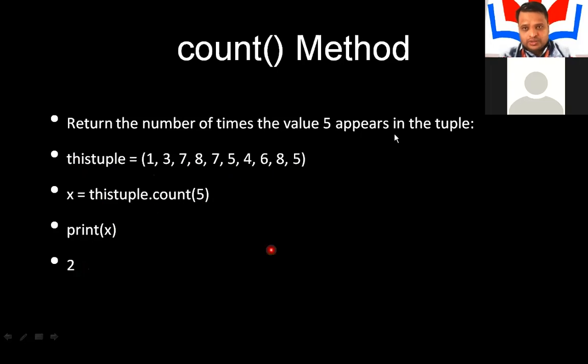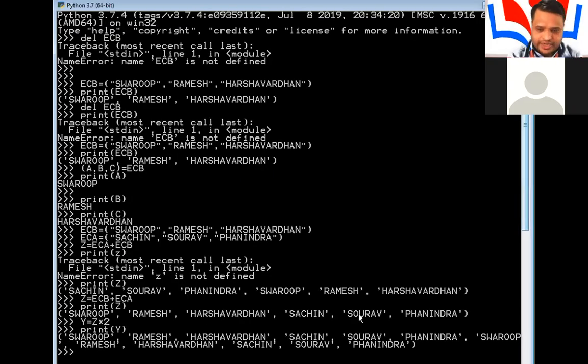Now let us see the practical implementation of this count method. Here I will take x equal to y dot count, the count method, and then specify the value you want.